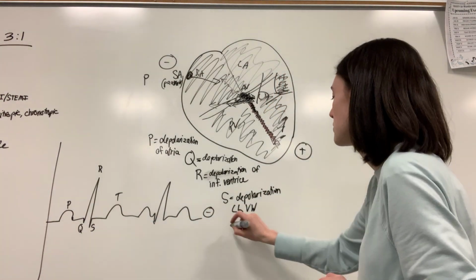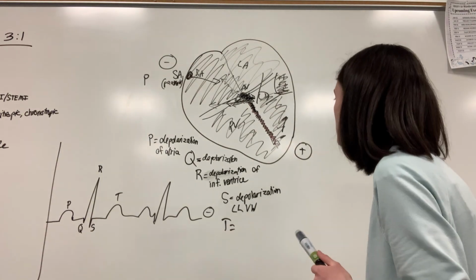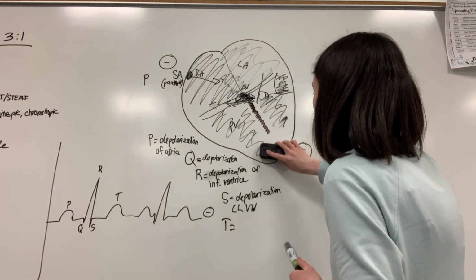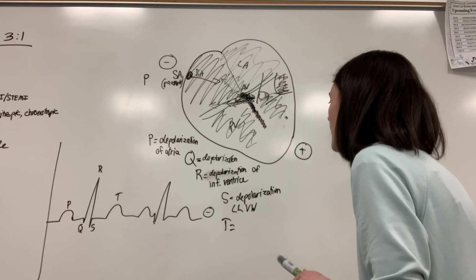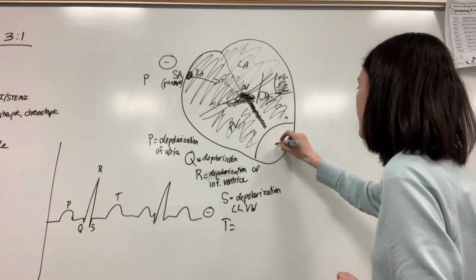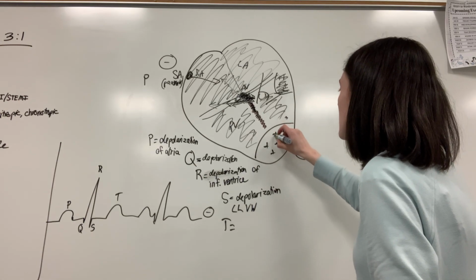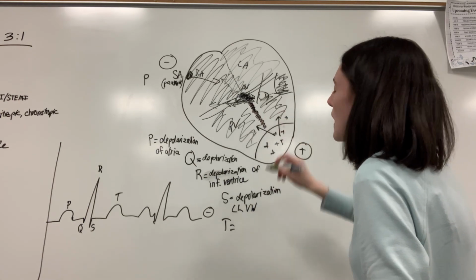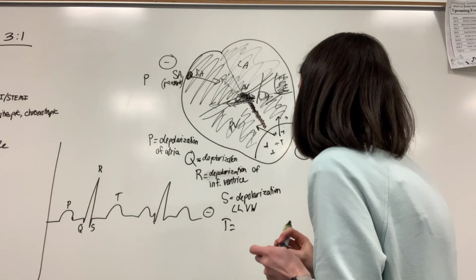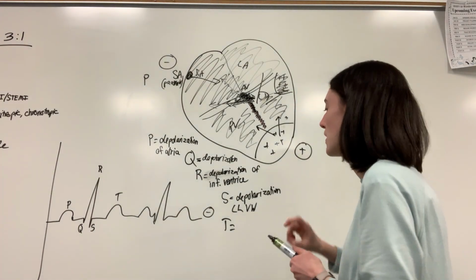And then last but not least, we have our T wave. The T wave is special because that's where we're going to start our relaxation, and that's going to begin in the apex of the heart, which is located here. Now we are going to repolarize the heart, meaning we're going to let the outside of the cell become positive.